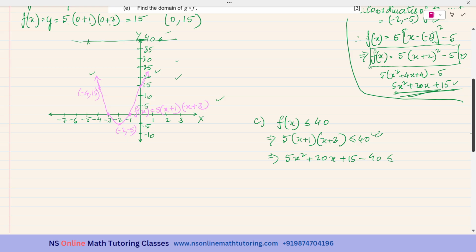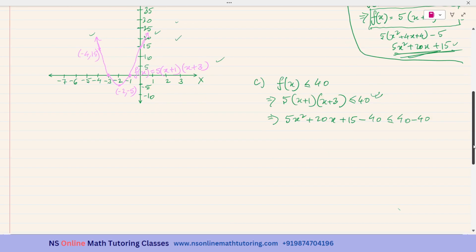If I add negative 40 to both sides, the 40 minus 40 cancels and we have a 0 on that side. So 5x squared plus 20x and 15 minus 40. It is not 20, it is 15. So it will be minus 25, is less than or equal to 0.